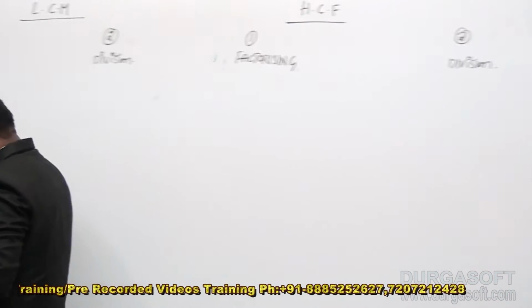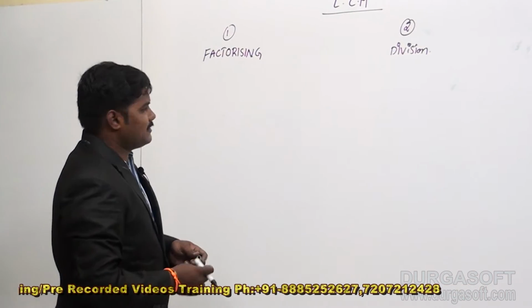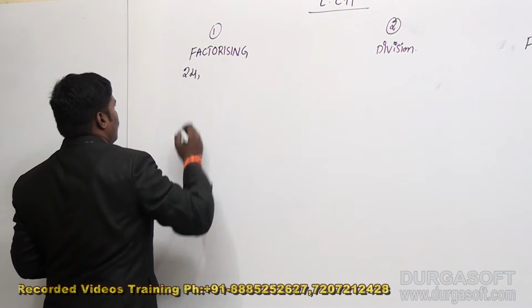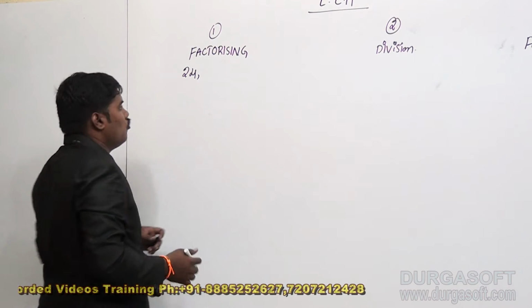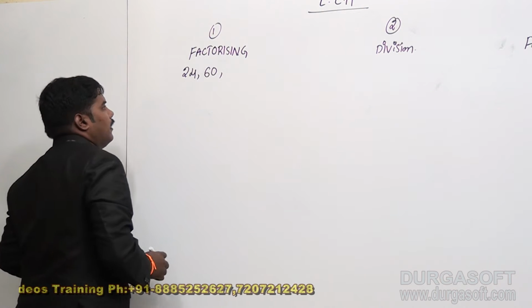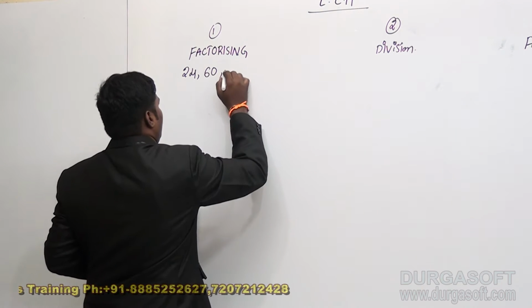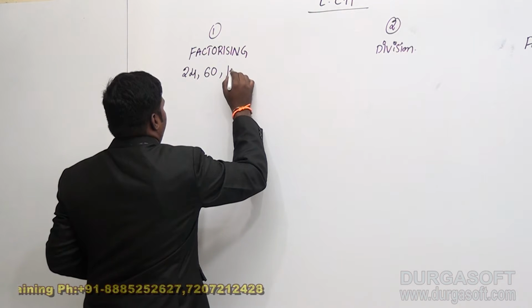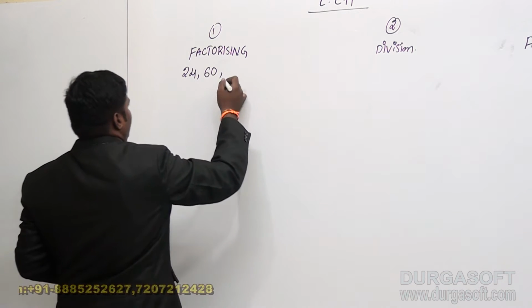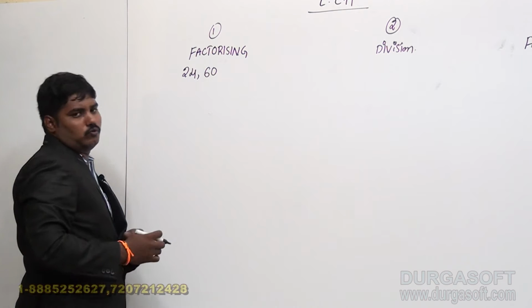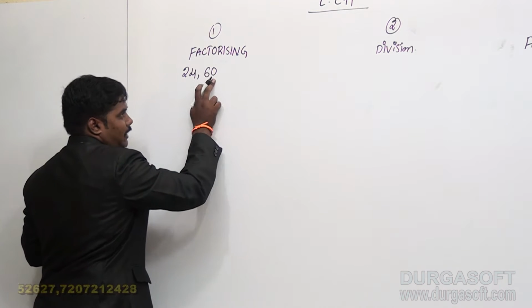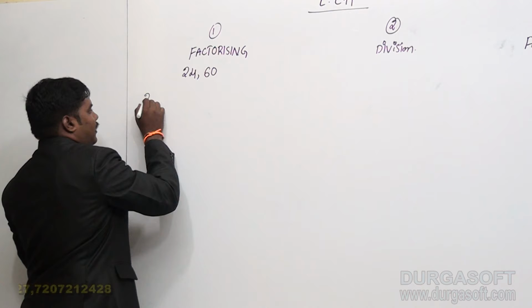Suppose we need the LCM of 24 and 60. First, the factorization method.